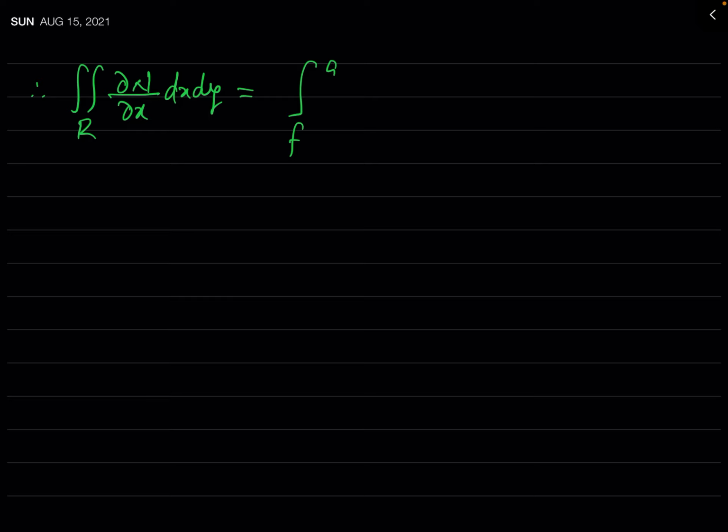So this will be n of X1 comma y dy, and plus the integral from e to f of n of X2 comma y dy.